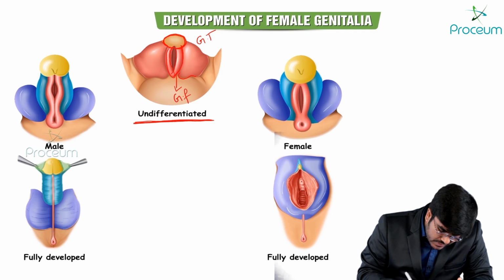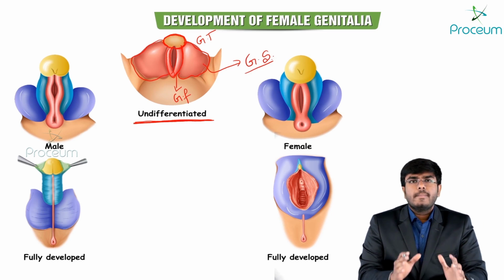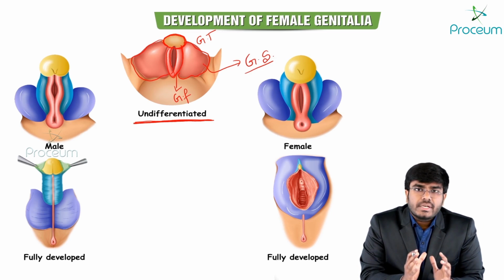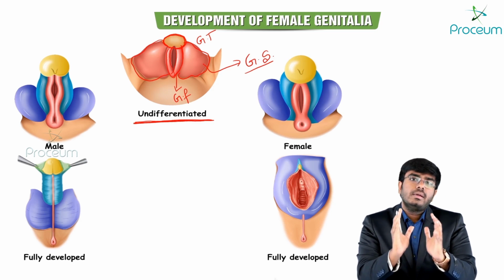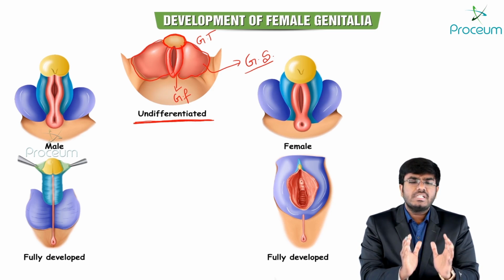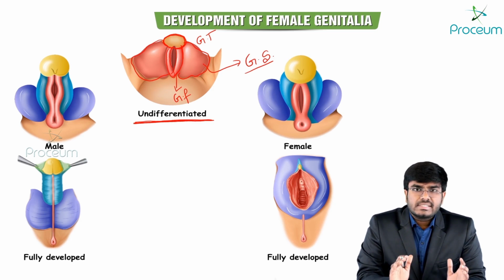And these swellings which are present more laterally are known as genital swellings. So this is an undifferentiated stage which is common for both male and female fetuses, present in both sexes.